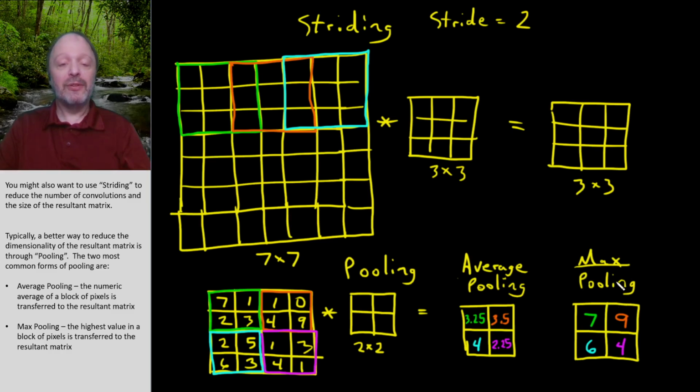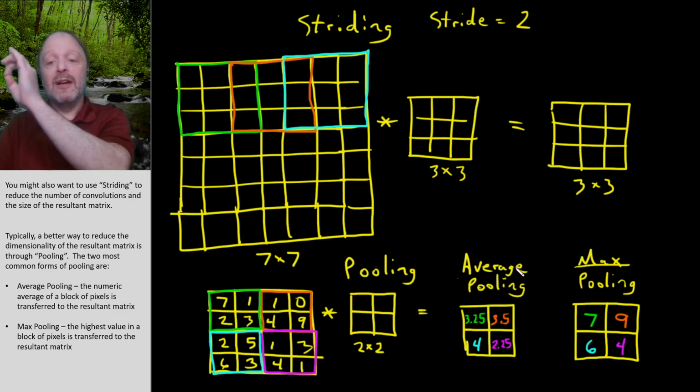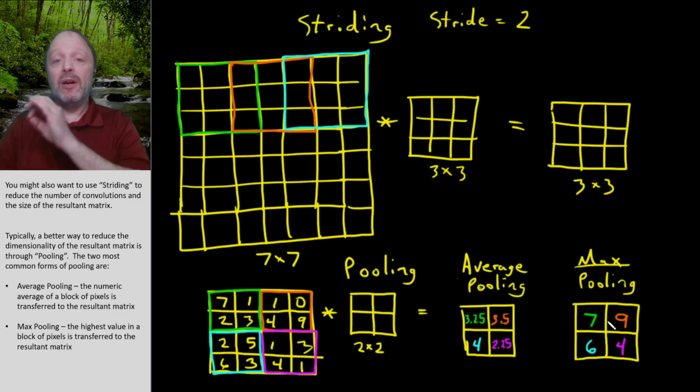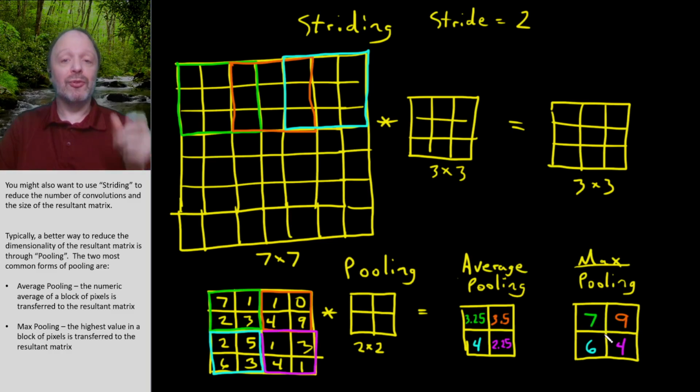So max pooling is computationally less intensive than average, and it's typically what you're going to see for your image recognition. Max pooling is used all the time because it reduces the dimensionality of your original matrix while preserving some of the information about the intensity levels within those little sub areas.